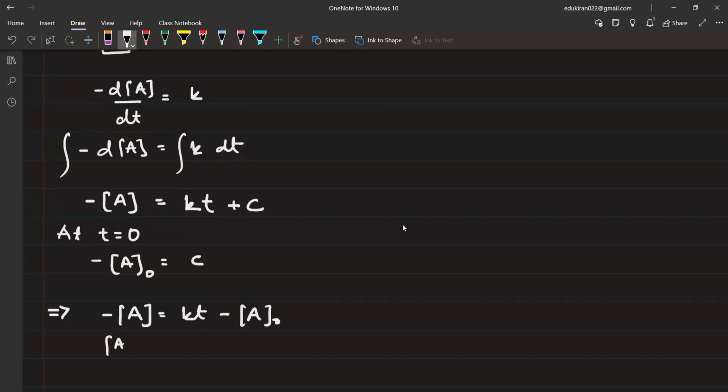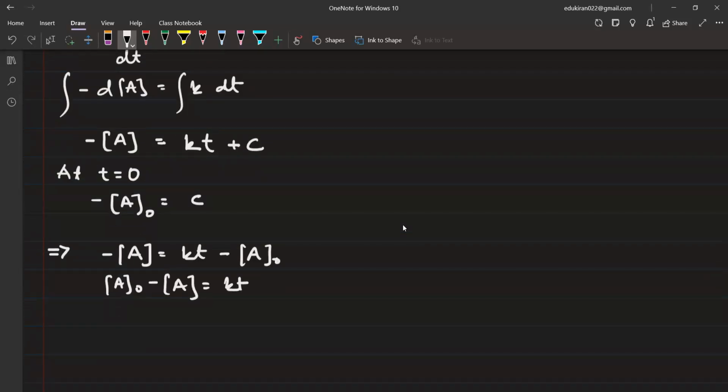Is it reversed? Okay, fine. I am sending A naught there, so A naught minus A is equal to Kt.